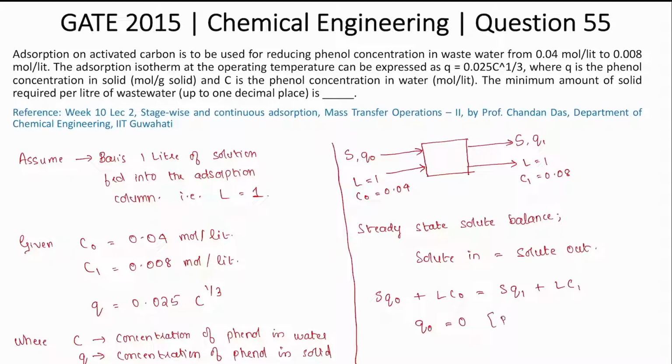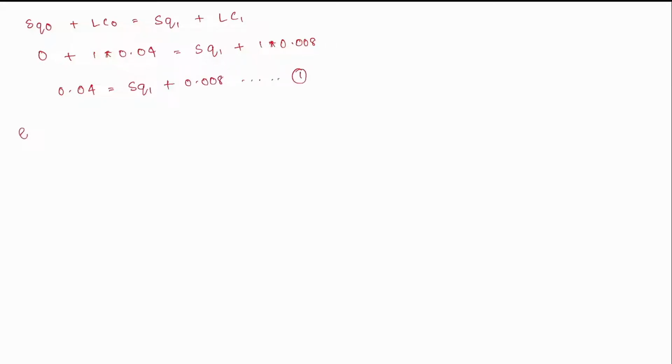Q0 is equal to 0 because the activated carbon doesn't have any initial phenol concentration. That is, it is basically pure activated carbon. So SQ0 is 0. Substitute the values for L, C0 and C1. We'll get 0.04 is equal to SQ1 plus 0.008. Let's take this as equation 1.